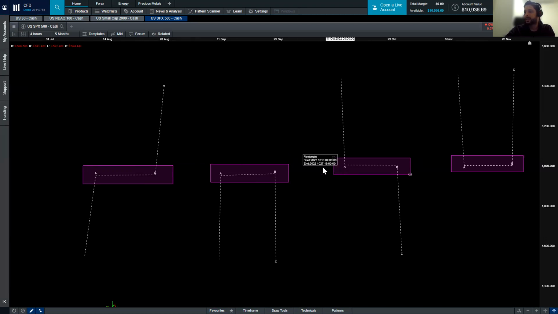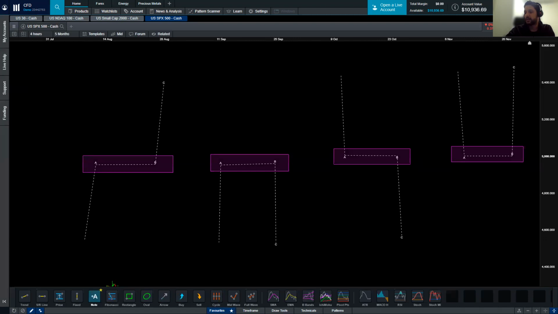For example, if you're long here, if you take a long position, the target area would be here because you know there are going to be institution orders here. So you're going to just take profit here.